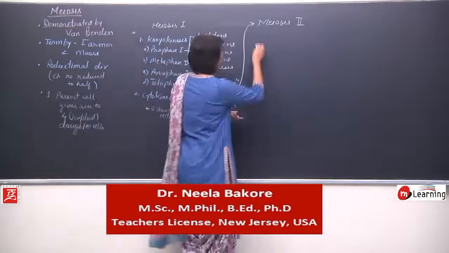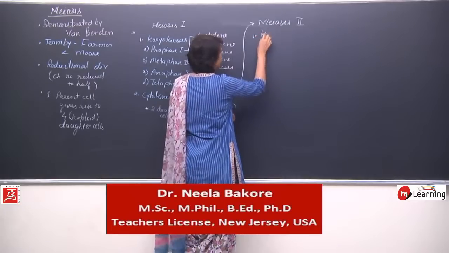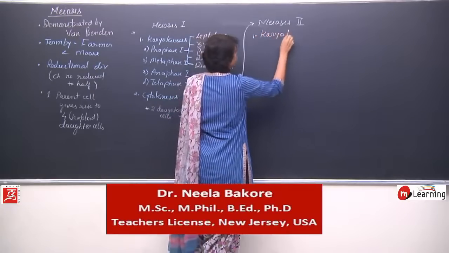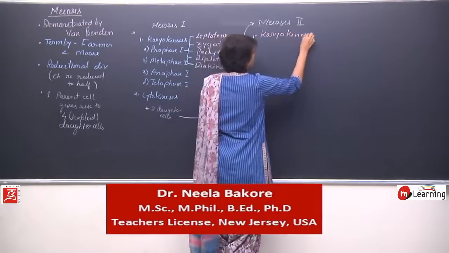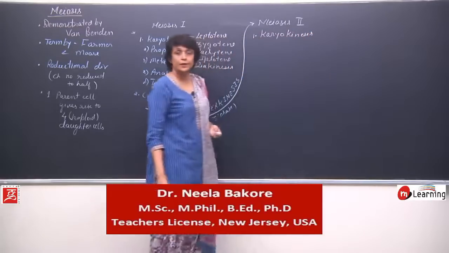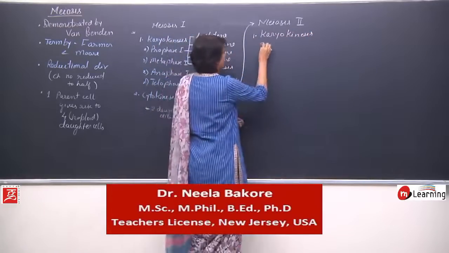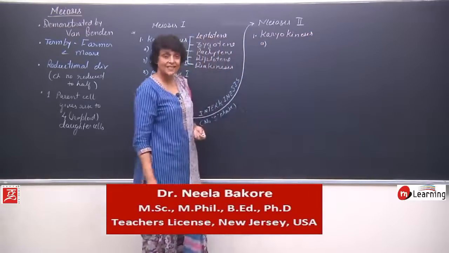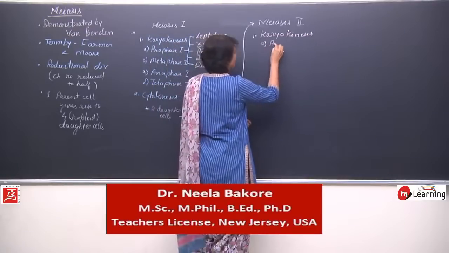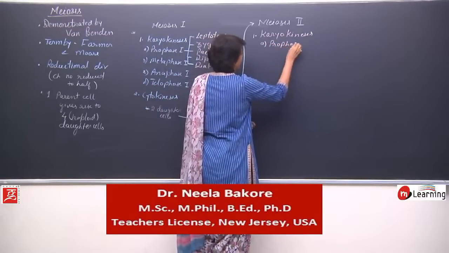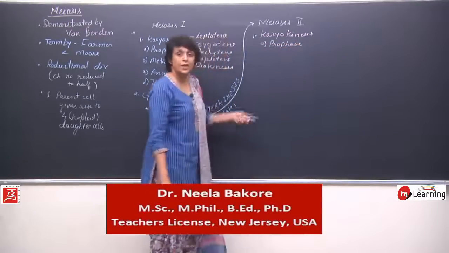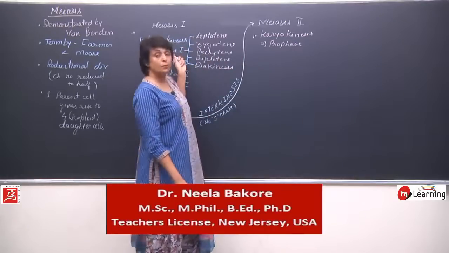Meiosis 2 is again completed in 2 stages, that is karyokinesis, nuclear division. Again there are 4 phases, that is prophase. And how do we differentiate this from the prophase 1?